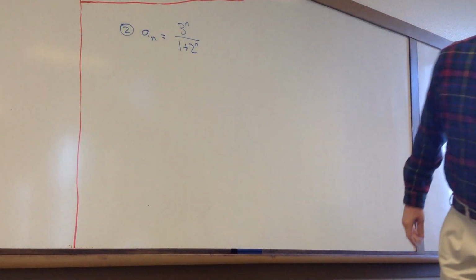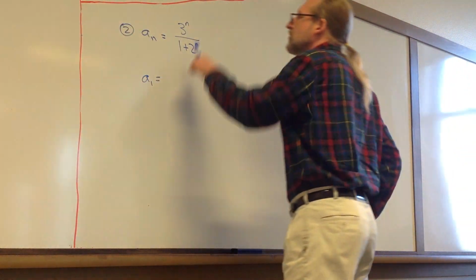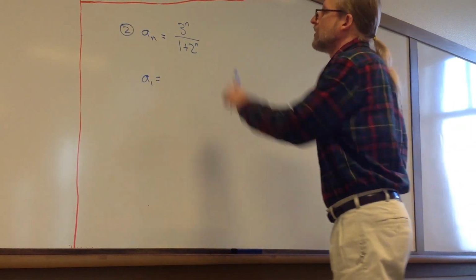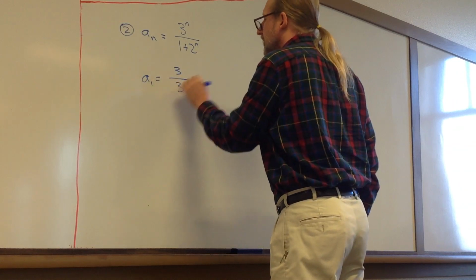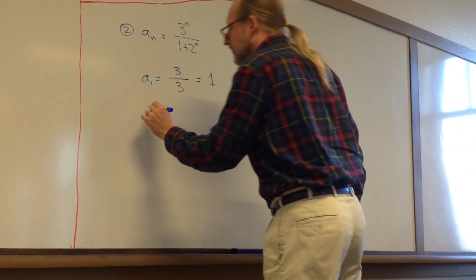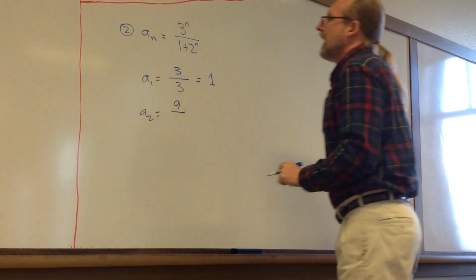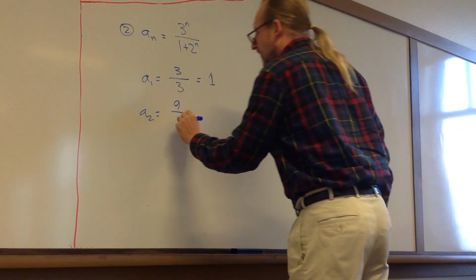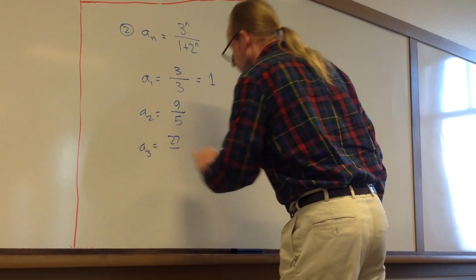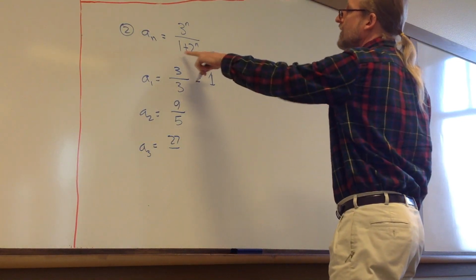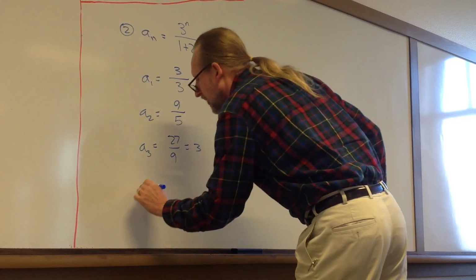Okay, so if we want 5 terms, a sub 1, we just plug in the 1 for the n. So it's 3 to the first on top, and then 1 plus 2 to the first on the bottom, and then we can reduce it. For a sub 2, we're going to have 9 on top, and 5 on the bottom. A sub 3 will be 27, and then 1 plus 8 on the bottom, so that reduces to 3.